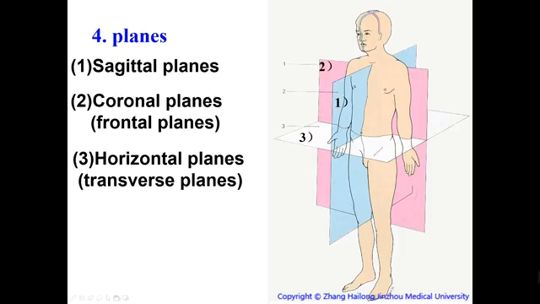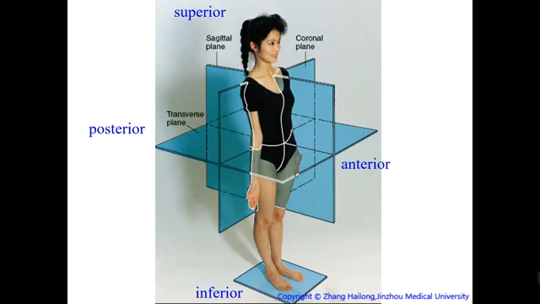For example, along this one is the sagittal plane. You see the heart's structure on the left and right side in the sagittal section. And here you see the coronal plane. And this one is the horizontal plane, to see the heart from the superior or inferior part. In future we'll see different organs on different planes.